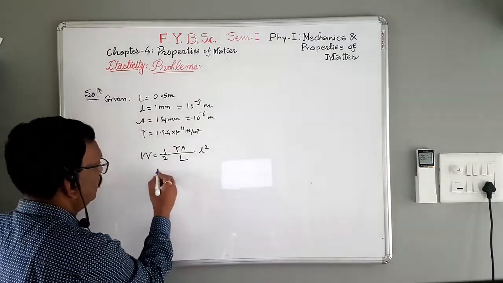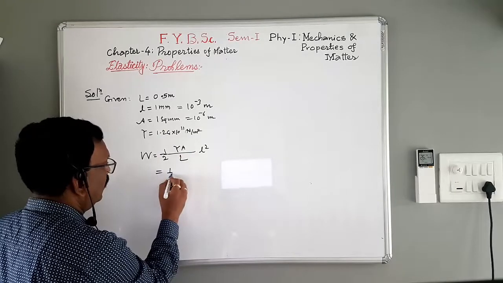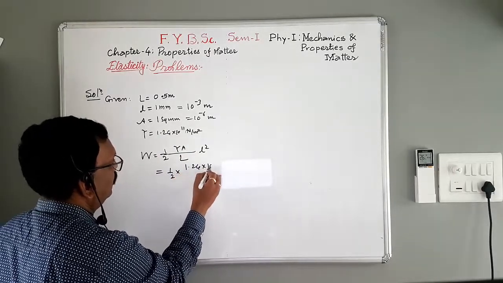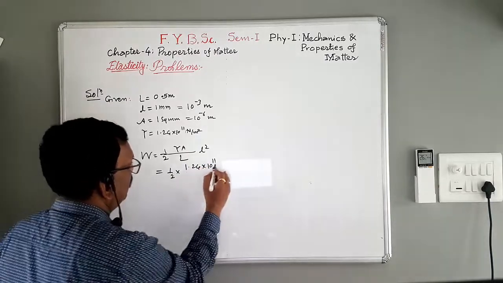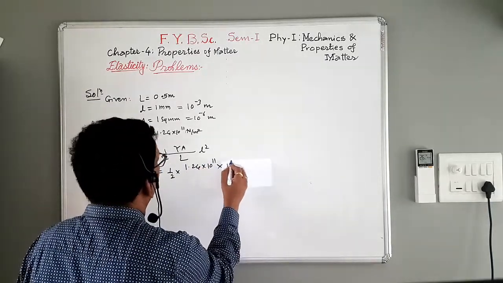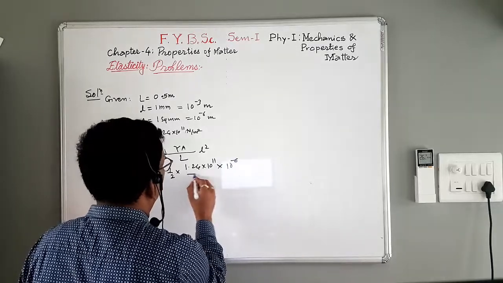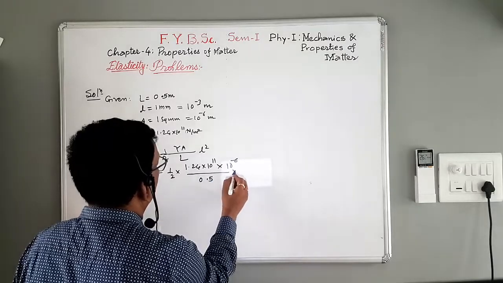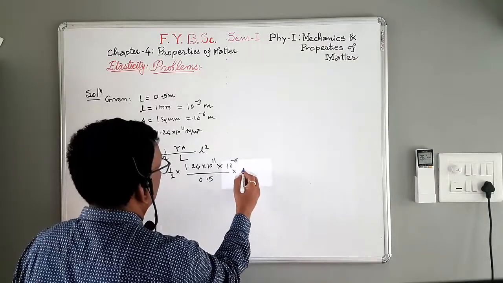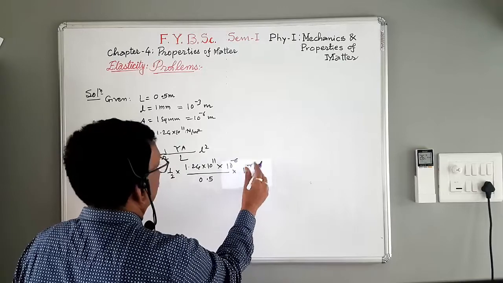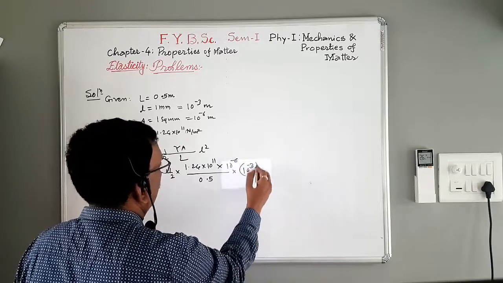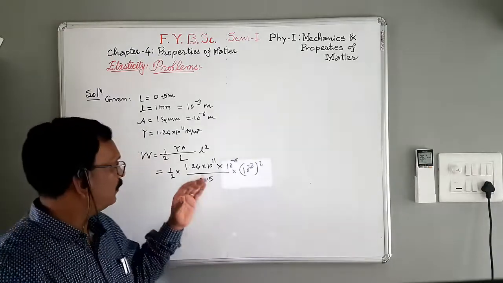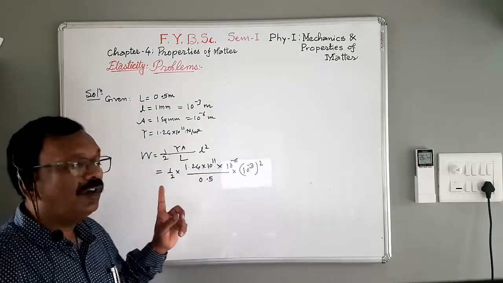So, substitute the value of each and every term: 1/2 into Y, 1.24 into 10 raised to 11, into area of cross section is 10 raised to minus 6, upon value of L is 0.5, into value of l square is (10 raised to minus 3) bracket square. Okay.